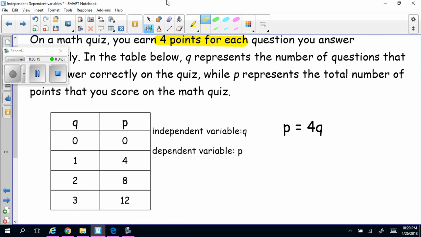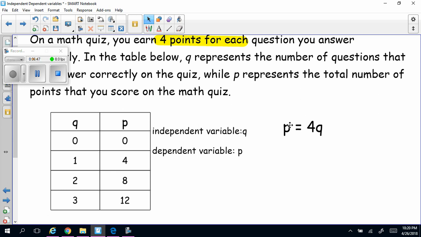So let's plug in some values here. So let's say I plug in 0 for Q and I get P. What's going to happen is that if I answered 0 questions correct, I'm going to get 0 points. If we plug in 0 for Q, if I get 0 questions correct, 0 times 4 gives me 0.